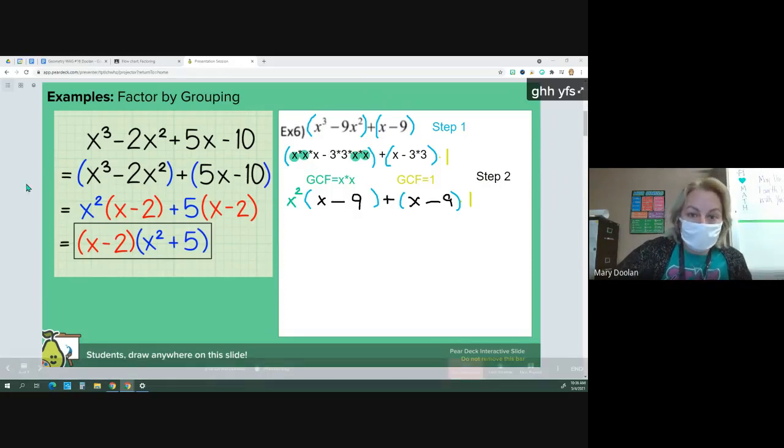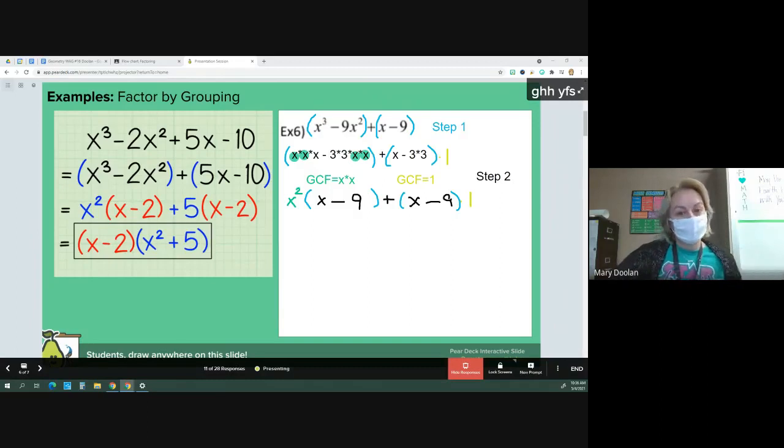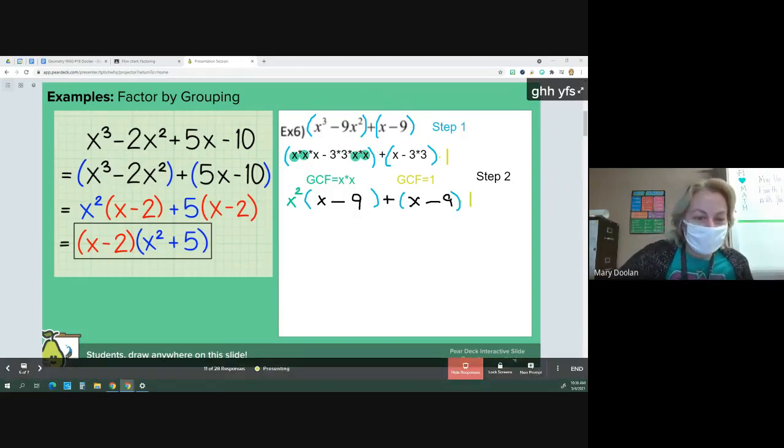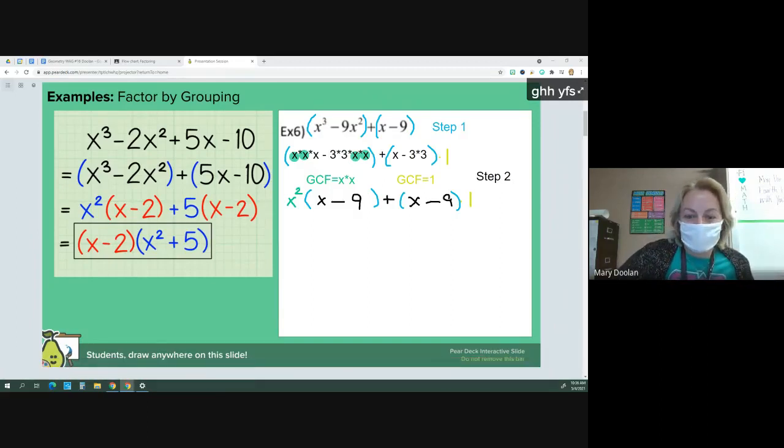So this is still part of step 2. Step 3 now is to factor out this binomial that is a common factor. So let's just call this step 3. I was going to try to change the color, but step 3.